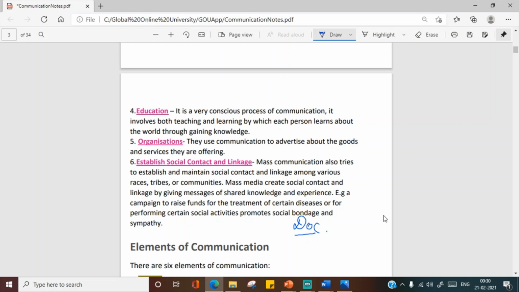How? You might have also felt this: when we are sick, we go to see the doctor. When we meet them, we definitely feel a little better. When the doctor says, no, don't worry, you are going to be fine, through communication the doctor can make us feel better because it gives us motivation. So communication helps to establish social contact and linkage.